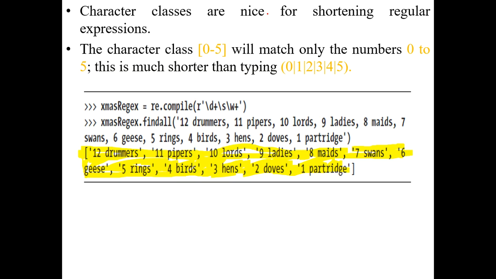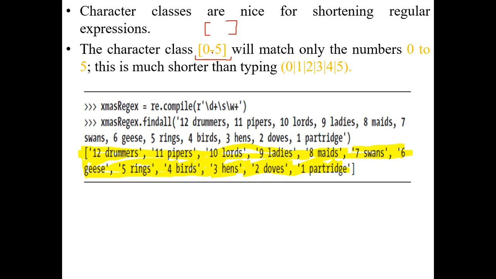Now character classes are nice for shortening regular expressions. They reduce the size of the regular expression. How does it reduce the size? Let us have a look here. Again, a character class: when we write a few things within square brackets, we call it a character class.